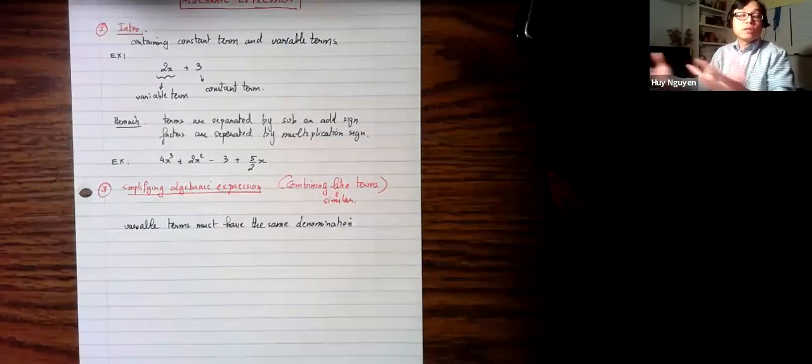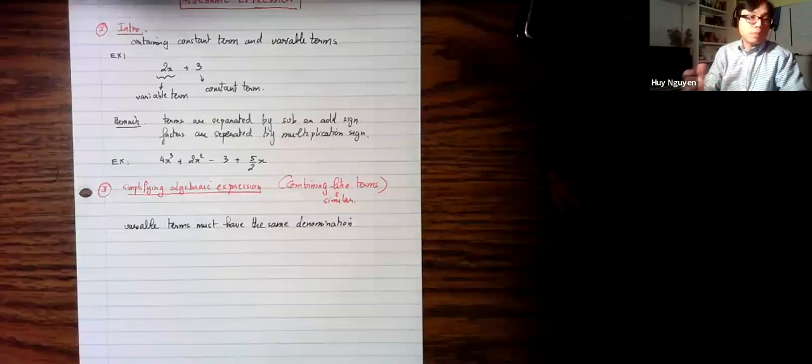Because a constant term is just a number, we just add them together. For example, 3 plus 2, 4 plus 5. But if it is a term that contains x, then it must have the same denomination for you to combine. If it's not the same denomination, then you cannot combine.